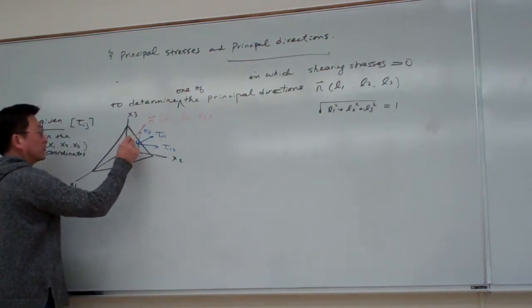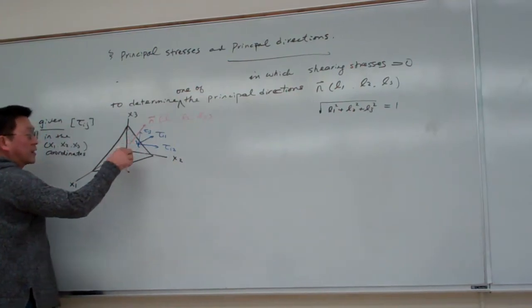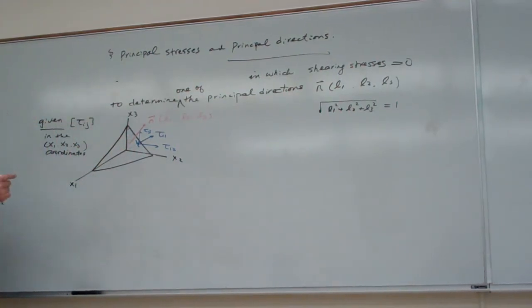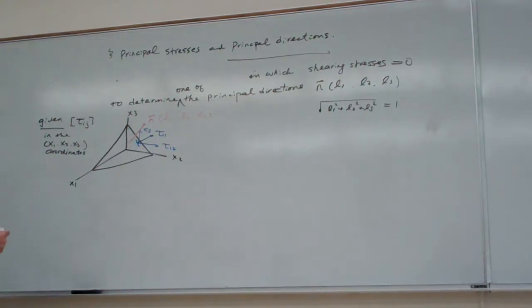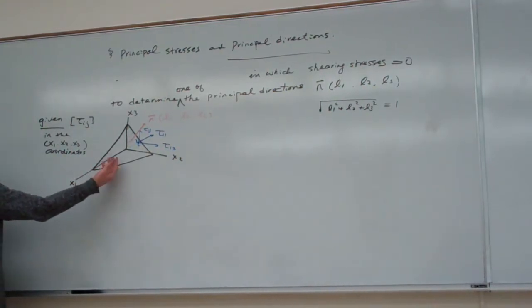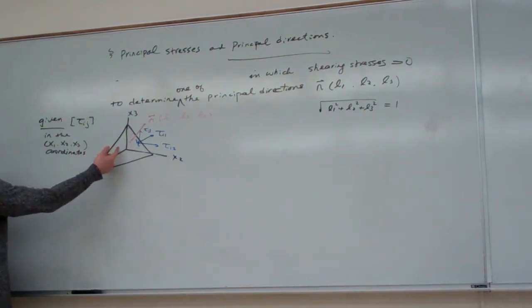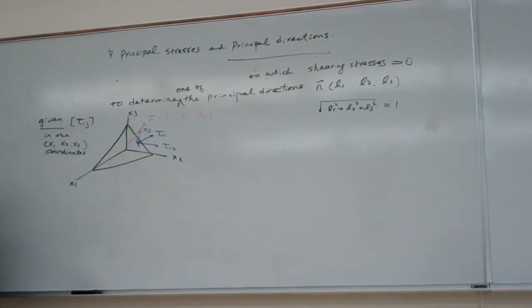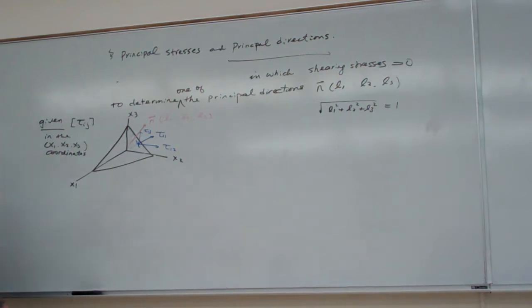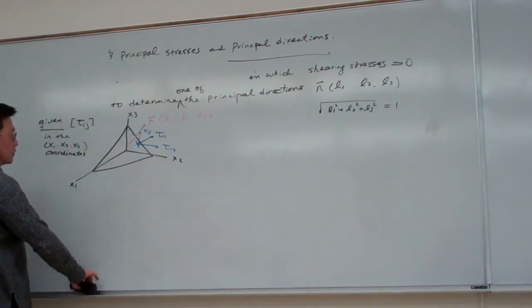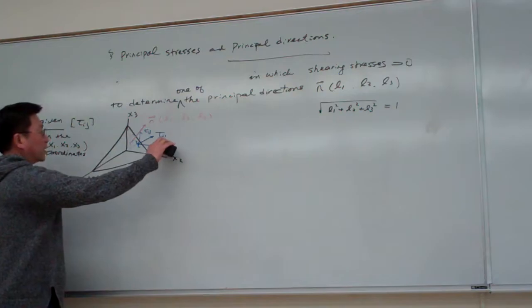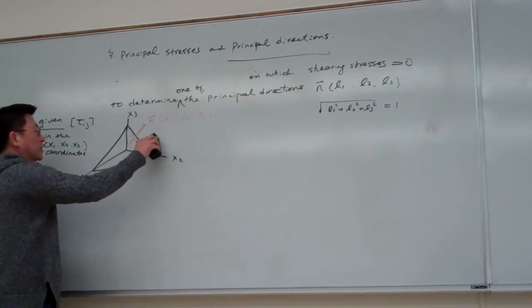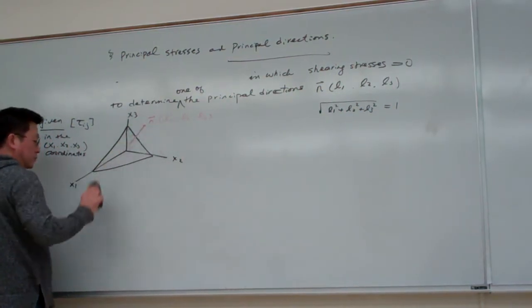Here I am using kind of an earthworm to indicate I'm working on that surface. The x3 plane will be at the bottom here, the x2 plane on the other side there. To make that brief, I don't need to draw everything, so let me erase this one because I don't need it.